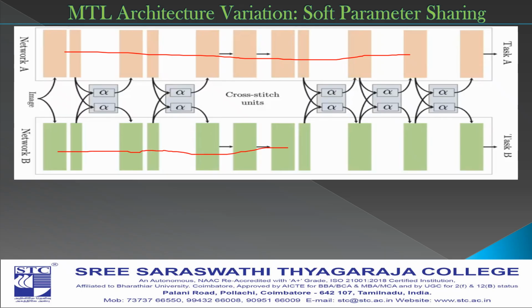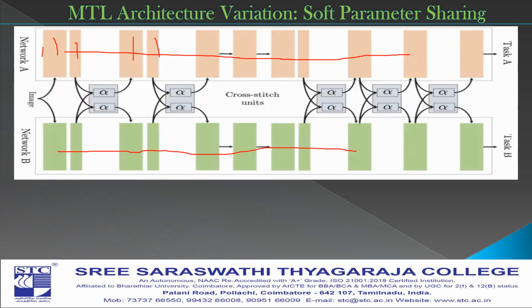So network A and network B. Network A is related to task A and network B is related to task B. Now there are multiple layers, and you can see here this is one layer in the network, this is another layer, a third layer, a fourth layer, and so on.